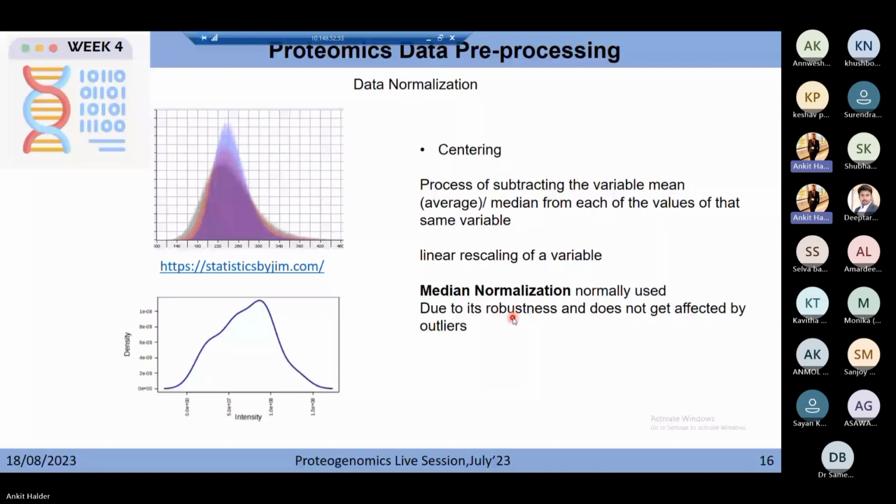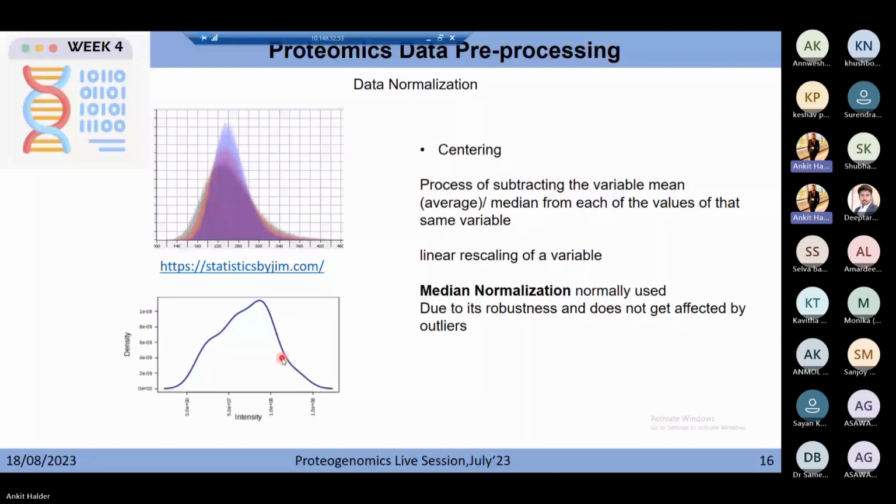This is not an ideal data set but a real one. This is an example from a proteomics data set, showing how you get a distribution which, after scaling, follows a Gaussian distribution that lets you apply your statistical test.